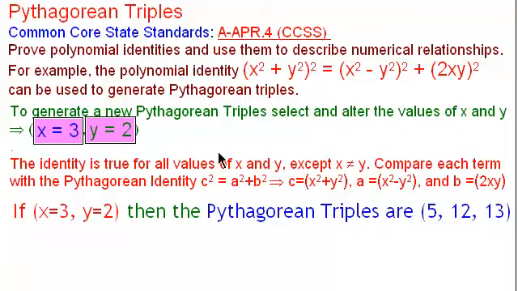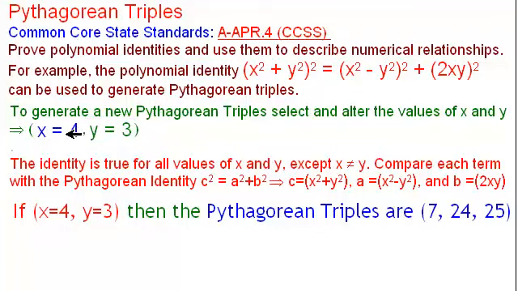So we can have any of these. If I keep changing these numbers, like 4 and 3, I get another one. If I change x to 5 and y to 4, I get another one. So we can get as many triples as we want by changing these values.